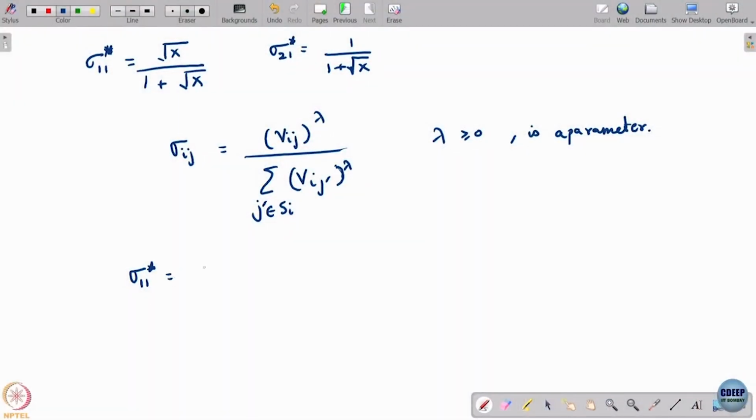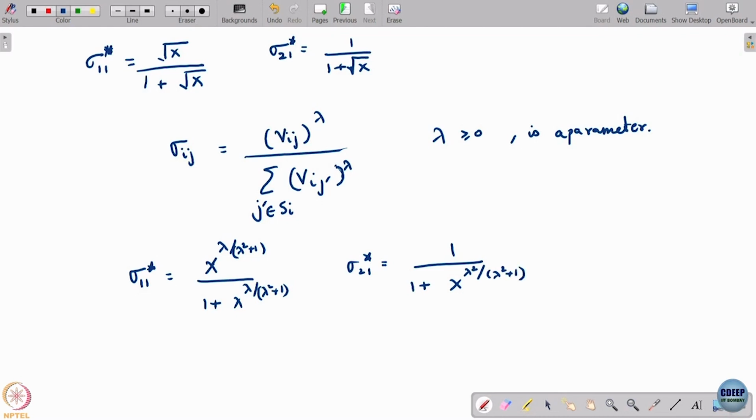Sigma 1 1 star now becomes x raised to lambda divided by lambda square plus 1, divided by 1 plus x raised to lambda divided by lambda square plus 1, and sigma 2 1 star becomes 1 divided by 1 plus x raised to lambda square by lambda square plus 1.